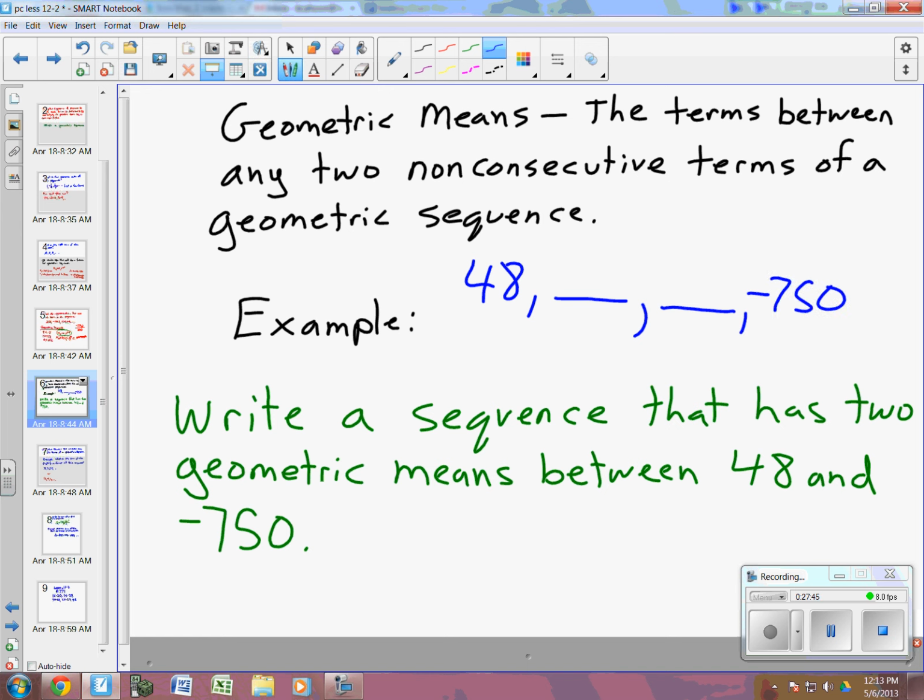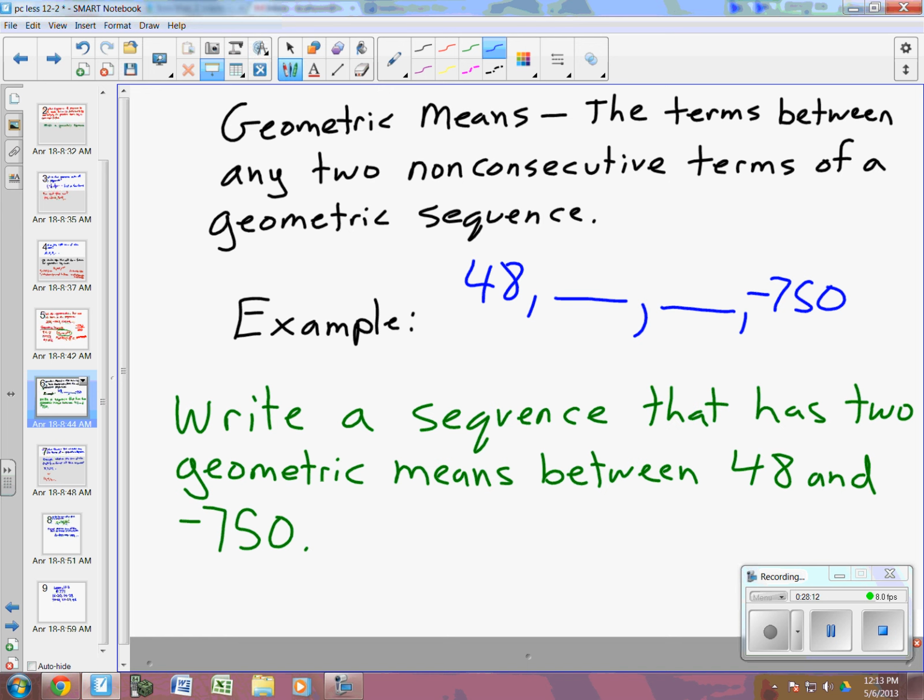Now, the first term is positive. My second term is negative, my third positive, and my fourth negative. We can tell because we can see the last term. So I know my common ratio is going to be a negative number.